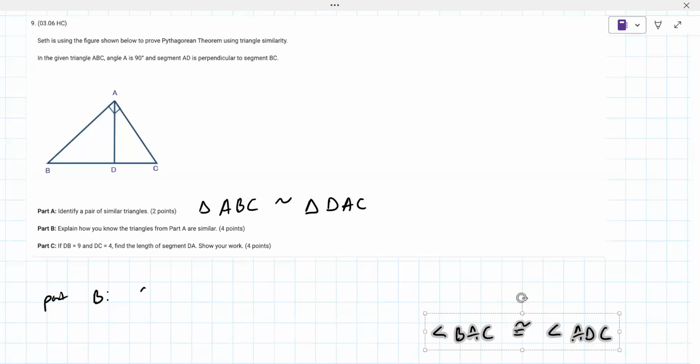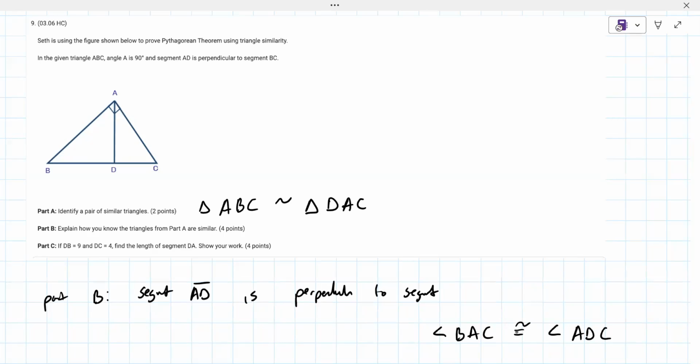We have to say that segment AD is perpendicular to segment BC. And that leads to angle ABC being a right angle. We have to get that that's a right angle. We can't just jump to them being congruent yet.